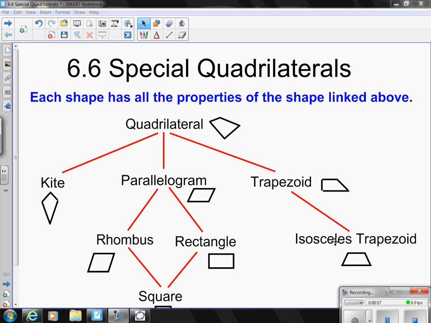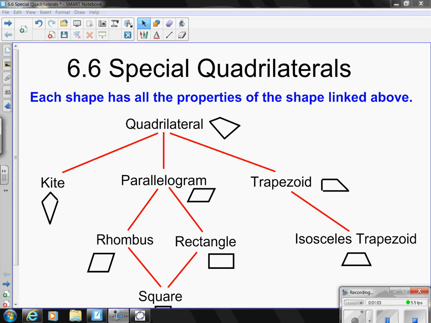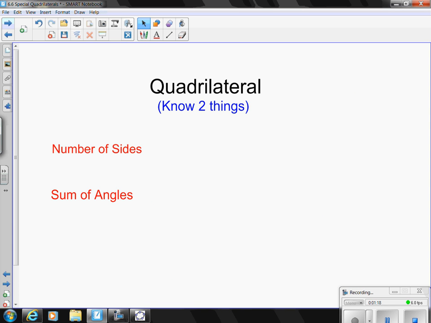So there's more theorems and things that we talked about here. And now there could also be other types of quadrilaterals, any kind of quadrilateral, but these are the special ones that we're focusing on.